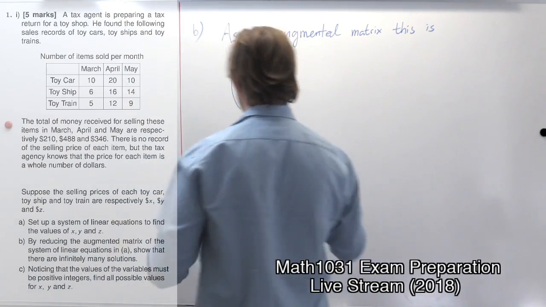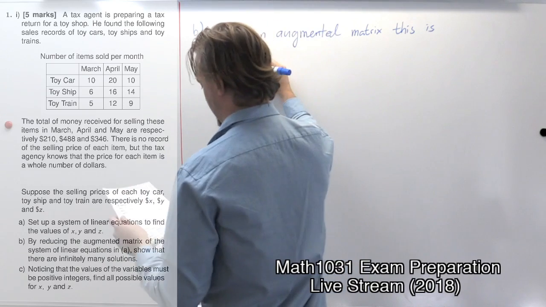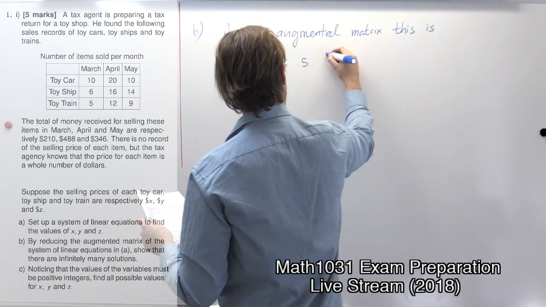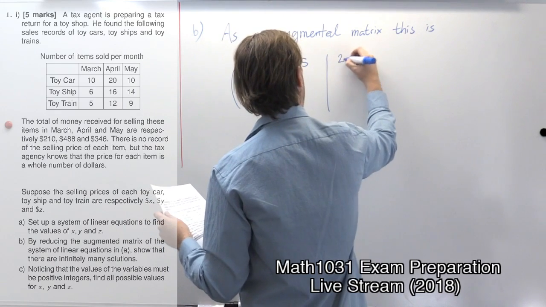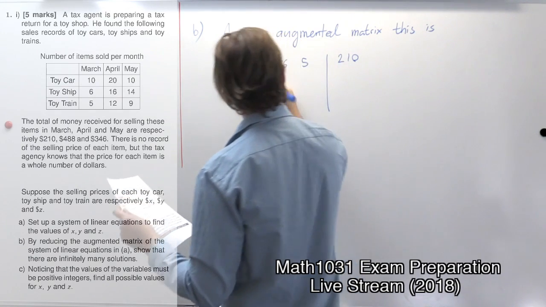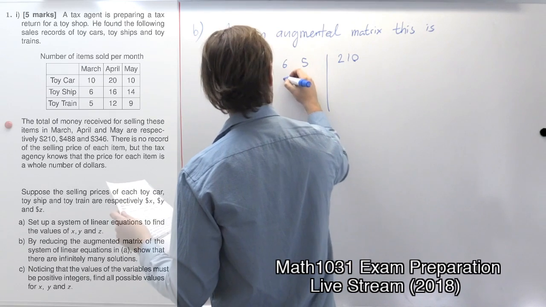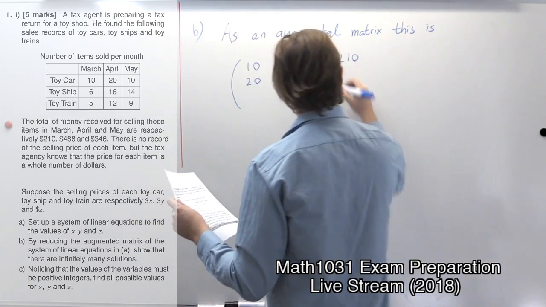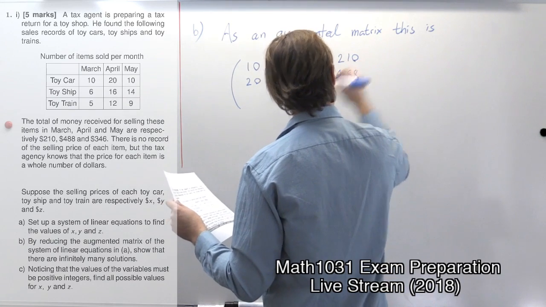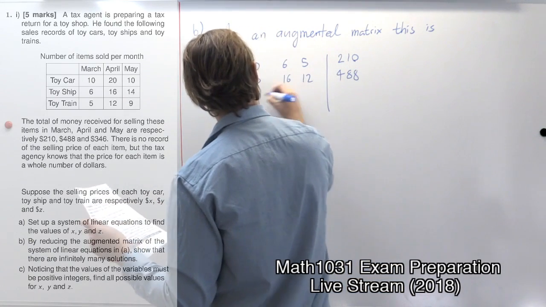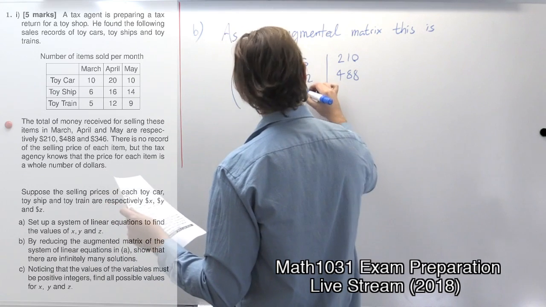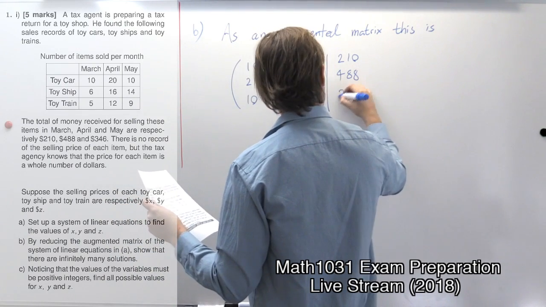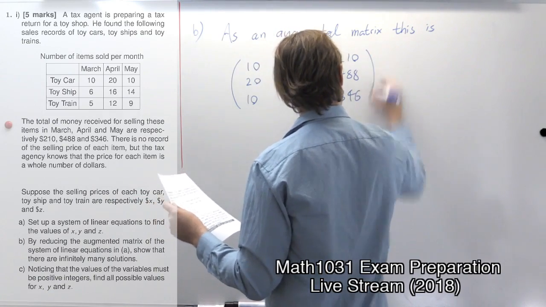The first linear equation I had down before was 10, 6, 5 totaling 210, then 20, 16, 12, which was a total of 488, and 10, 14, 9, 3, 4, 6.